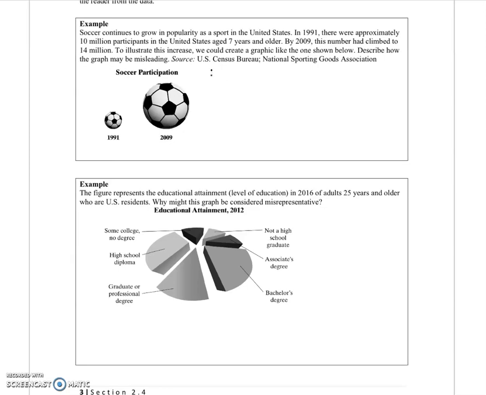Well, the problem is the 2009 soccer ball is 4 times as big as the 1991 ball. Why is that a problem?